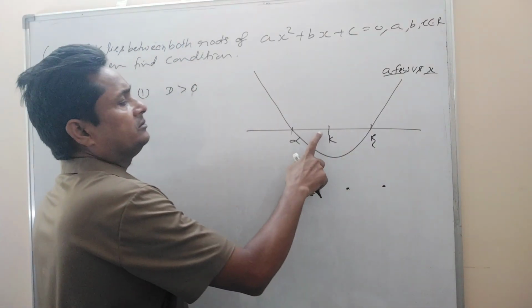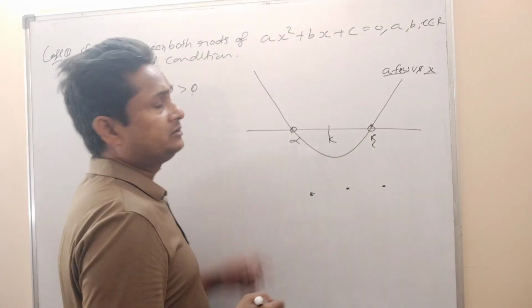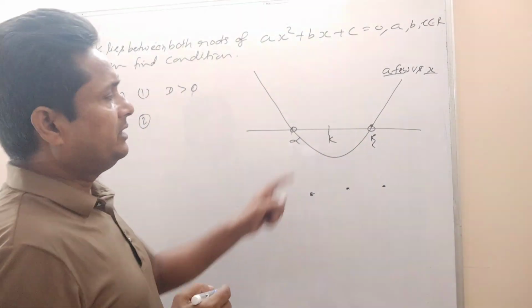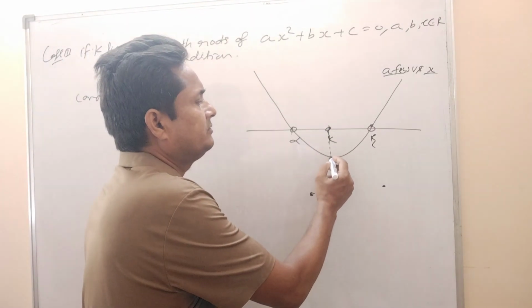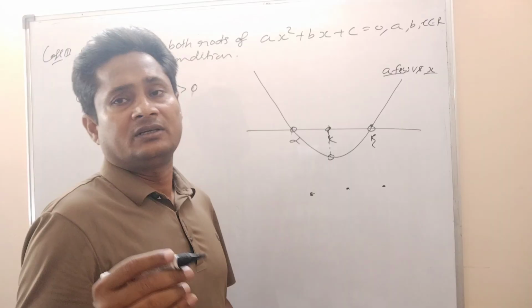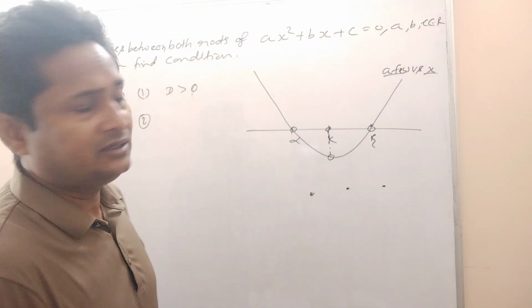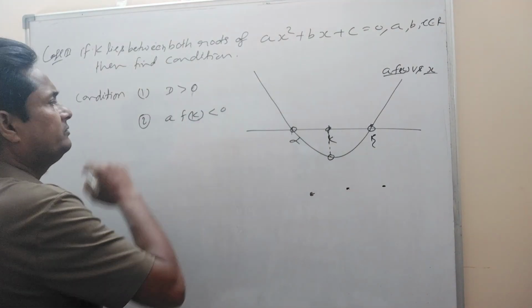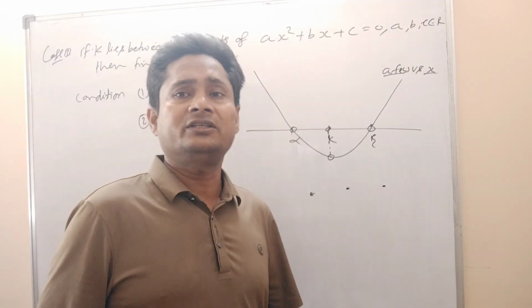So alpha and beta should be distinct, D greater than 0. And the second condition will be, at x equal to k, the value of a times f(k) will always be less than 0.